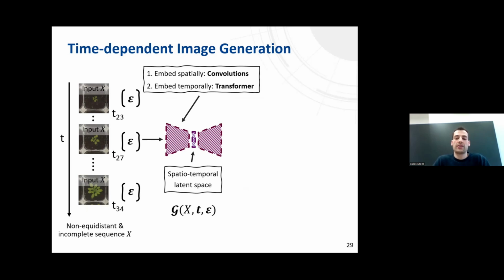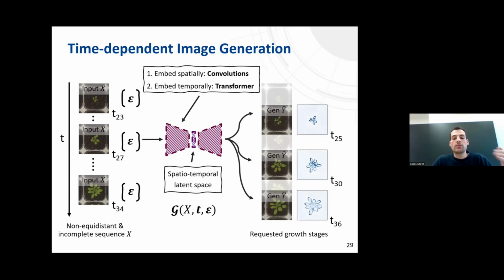Whereby the critical part is really the transformer layer, which is suitable to process sequences of different lengths, also with additional positional encoding for the non-equidistant time points. And that's why not only the image sequence itself, but also the growth stage, so the time, is an input to the model, as you can see here in the formula at the bottom. And then by just iterating over the time, we can generate arbitrary output images.